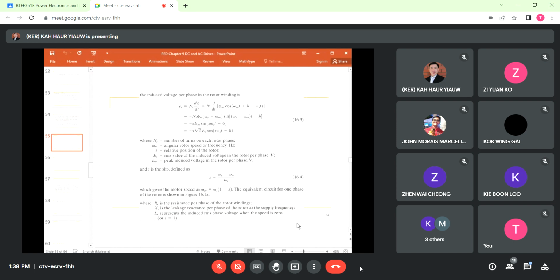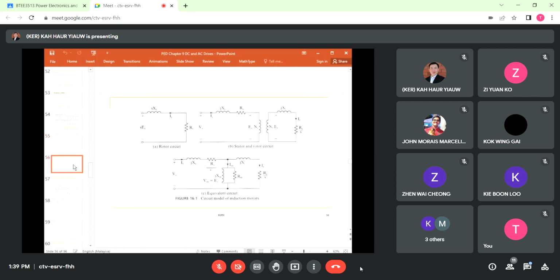Er represents the induced RMS phase voltage when the speed is 0, meaning that the slip s equals 1. This is the one. Part b, or figure b here, shows the combination of the stator and rotor circuit, and figure c shows the complete equivalent circuit or the complete model of the induction motor.